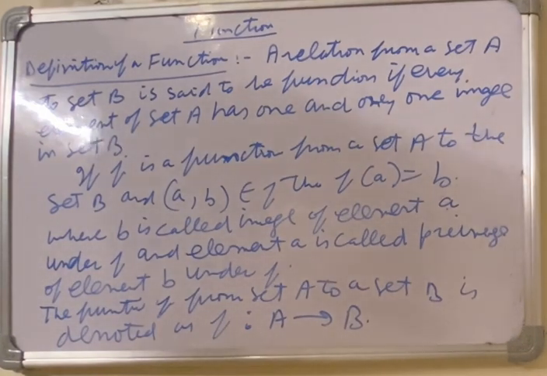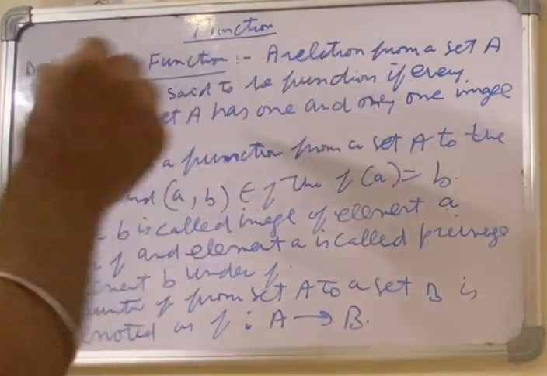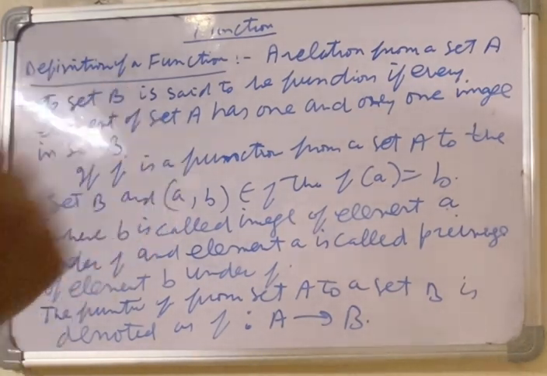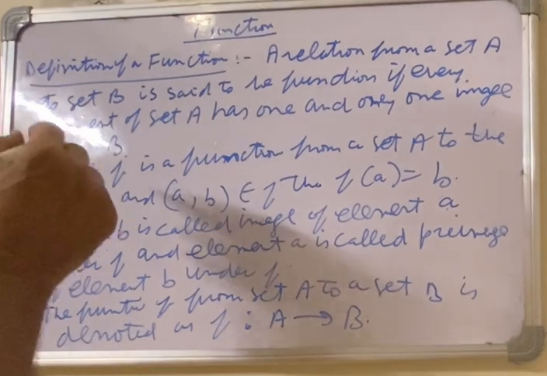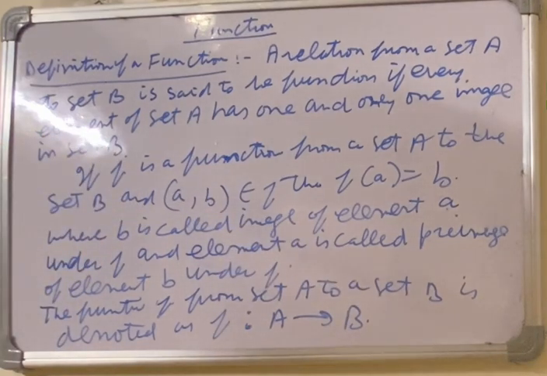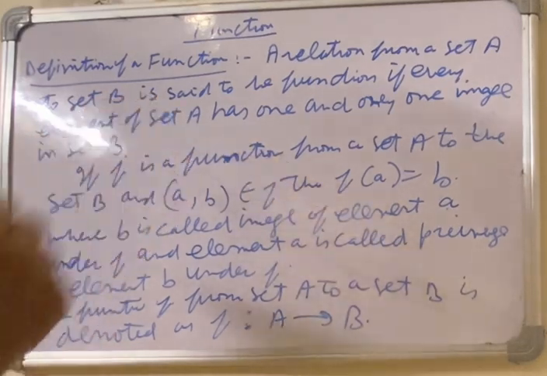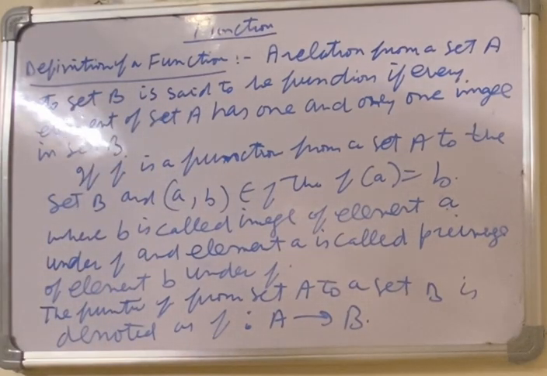Once again, a relation from a set A to set B is a function if every element of set A has one and only one image in set B. That means if there is any element of set A which has no image, then that's not a function.